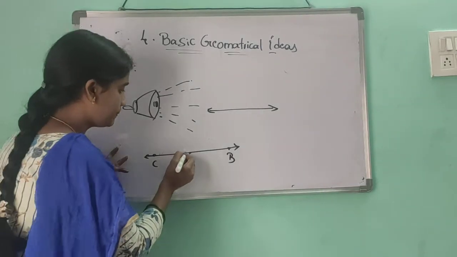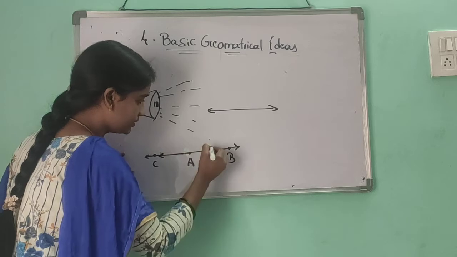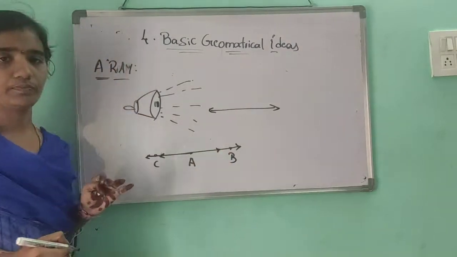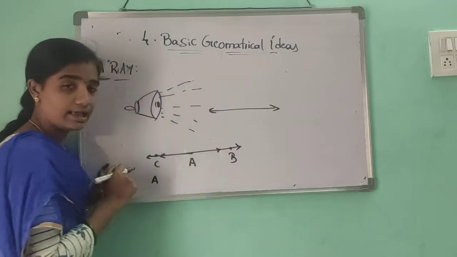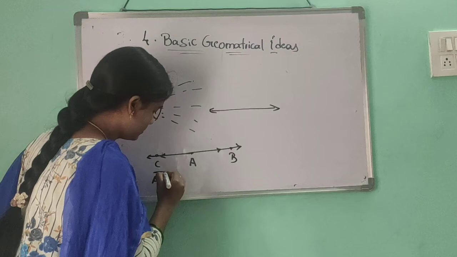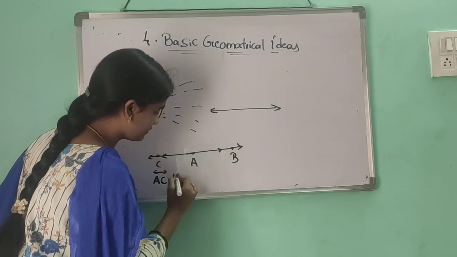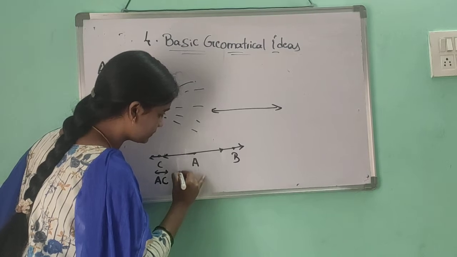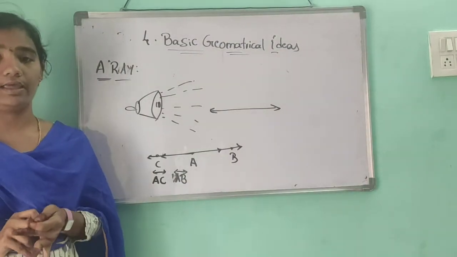The directions move this way and this way. So this ray is AC bar, and also AB bar. AC bar and AB bar. This is the ray.